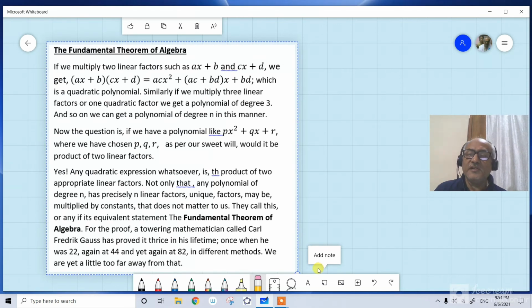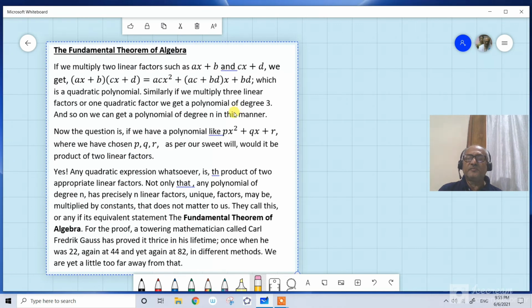Last but not the least, the final question is, suppose you multiply two linear factors ax plus b and cx plus d, you will get a quadratic expression acx square plus (ad plus bc)x plus bd. You multiply another linear factor, you will get a cubic expression.